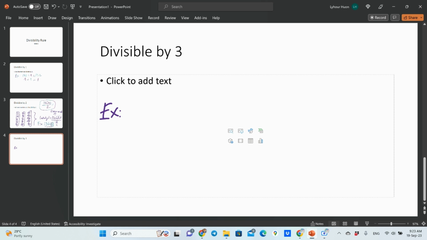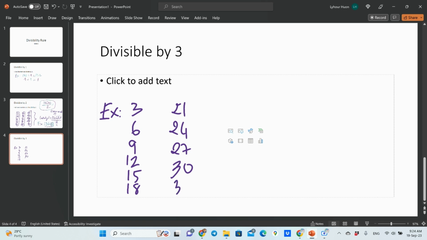From the times table, 3 times 1 is 3, 3 times 2 is 6, 3 times 3 is 9, then 12, 15, 18, 21, 24, 27, 30, then 33, and it continues.